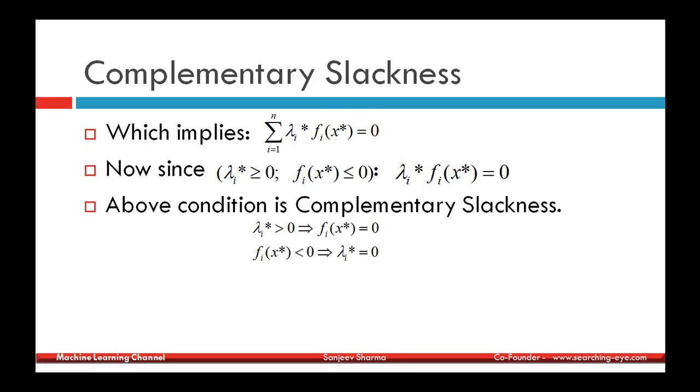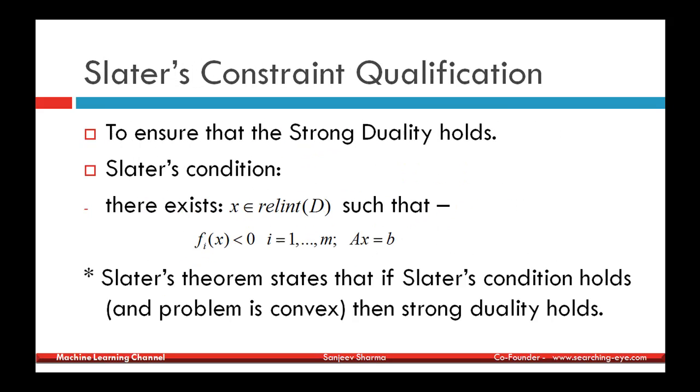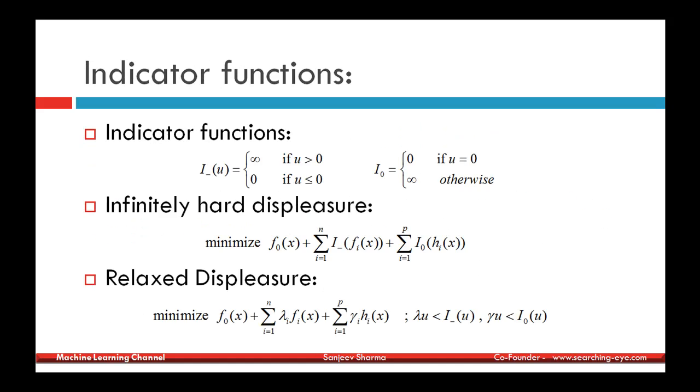The above condition is known as the complementary slackness condition, which further states that if lambda i star is positive, then fi of x star will have to be 0, and if fi of x star is less than 0, then lambda i star is equal to 0. Now, having stated this condition, we can go back to part 4 of this lecture, where we have the relaxed displeasure function.